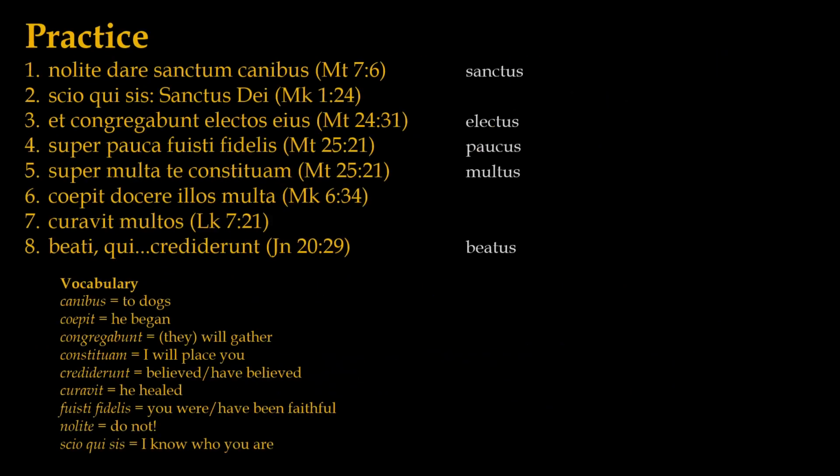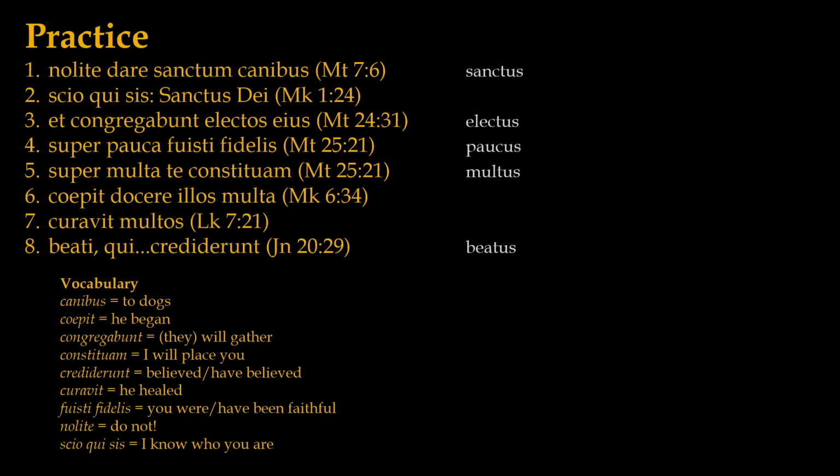Okay, let's look at some examples. Nolite dare sanctum canibus. Canibus, the C-A-N-I related to canine in English. Canibus, to the dogs. Nolite, as you see in the vocabulary, don't, do not. Dare, you remember, first conjugation verb, to give. So don't give sanctum canibus.